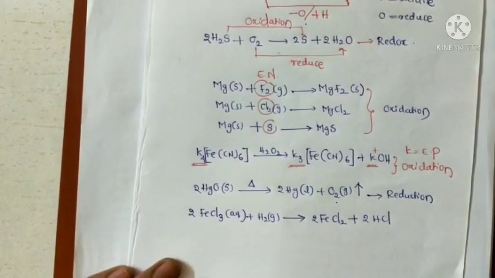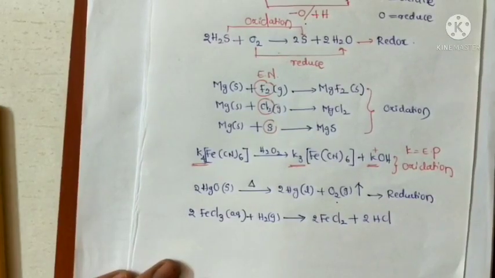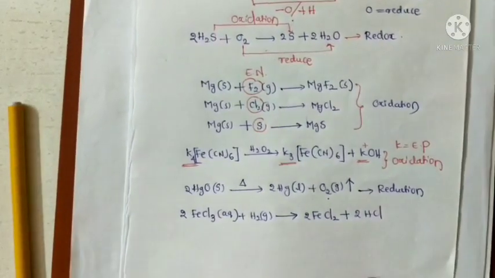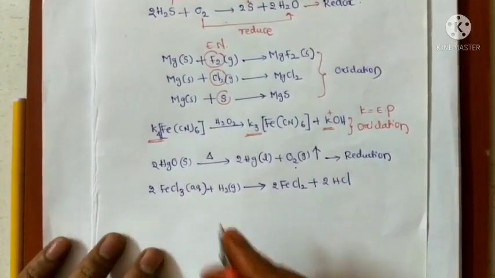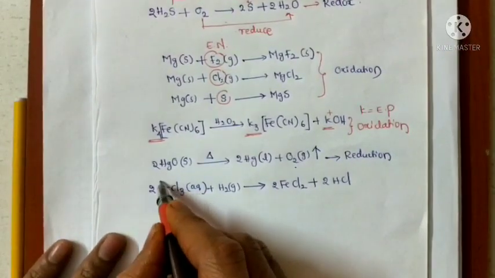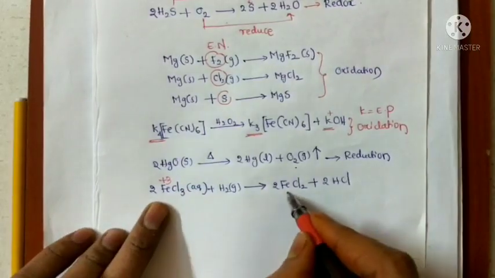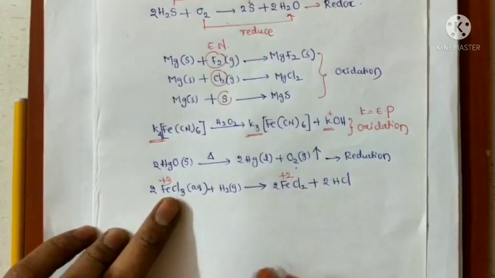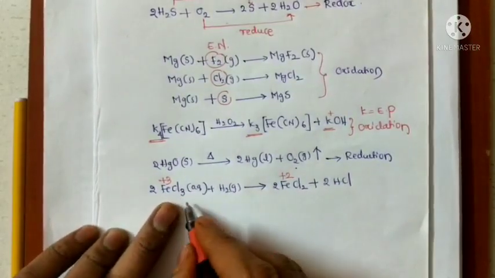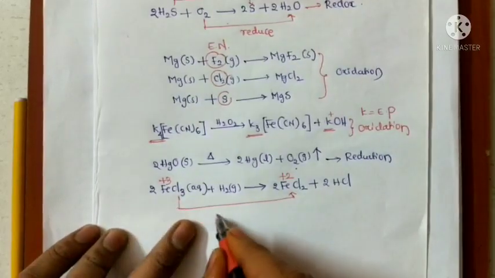So it is also one of the examples for the redox reactions. Redox means both processes occur, reduction as well as oxidation. Here iron in the plus 3 oxidation state becomes iron in the plus 2 oxidation state, and 1 chlorine is removed.